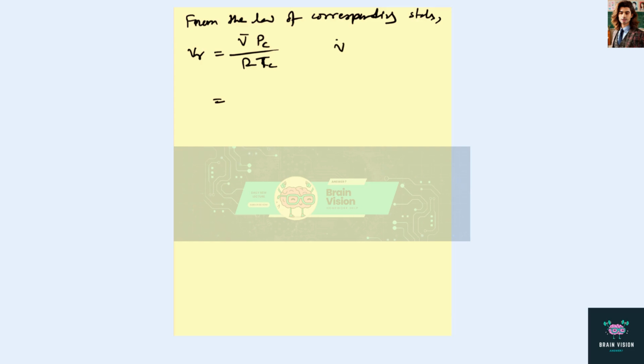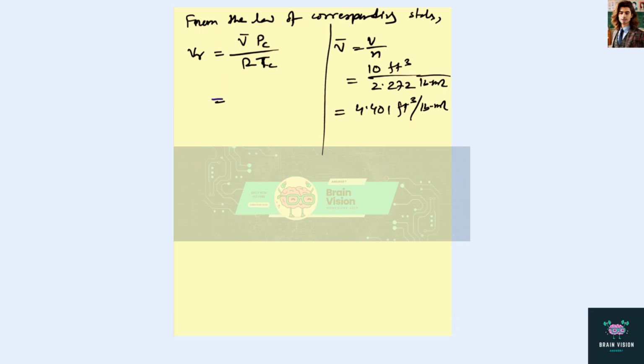Again we know that the specific volume is equal to volume divided by number of moles. The volume given is 10 feet cube, number of moles is 2.272 pound mole. Therefore the specific volume is 4.401 feet cube per pound mole. Now we can insert all these values here.